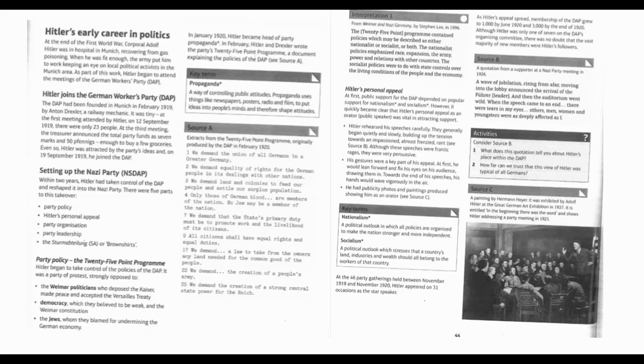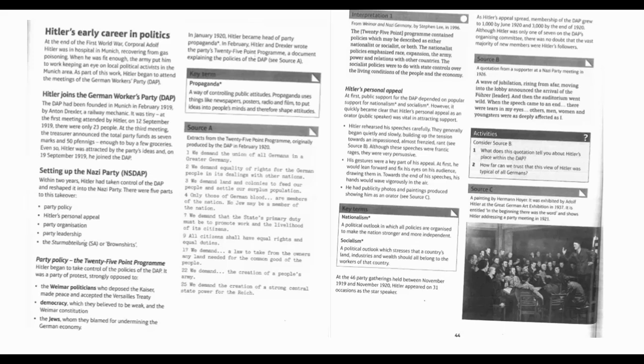So you can see here, the important thing in the early stages of the Nazi Party is that Hitler was vital to the Nazi Party. They were a very small fringe organization. In fact, when they started doing their party membership, they gave people a party membership number that started at 500.